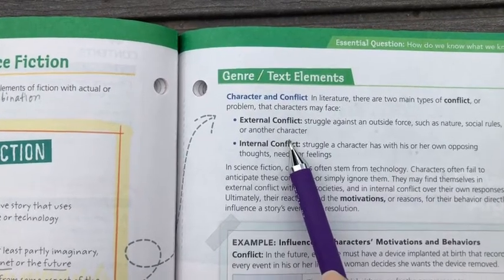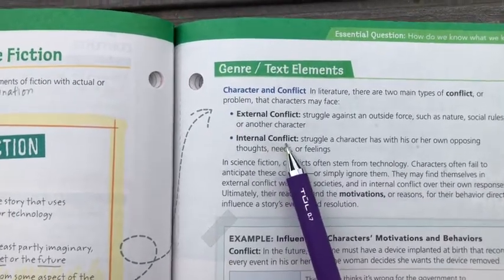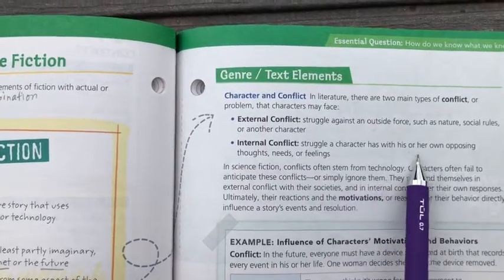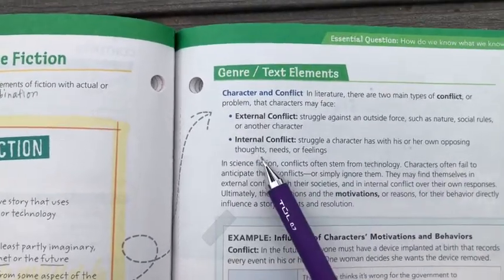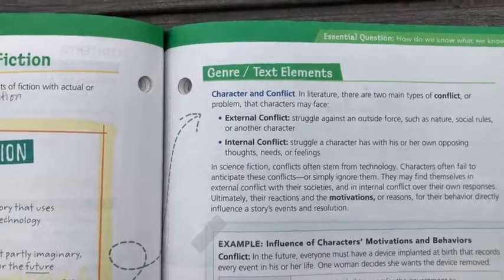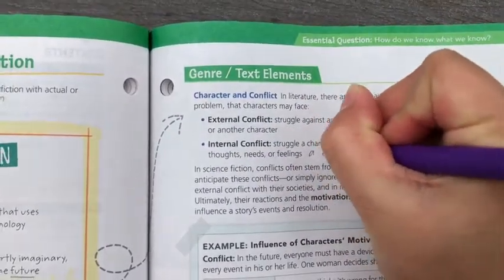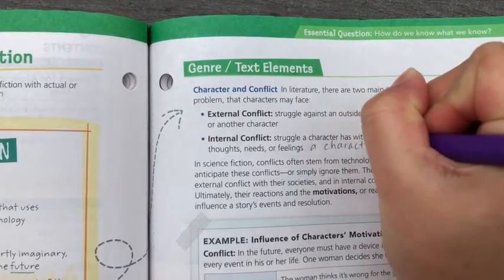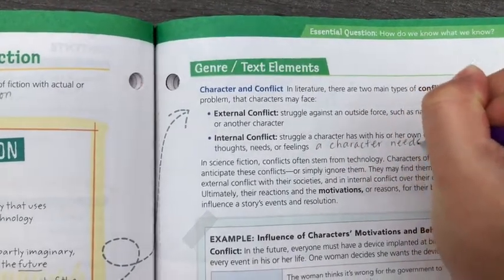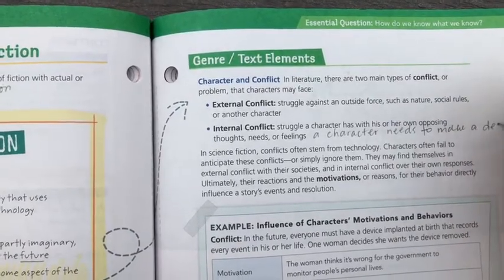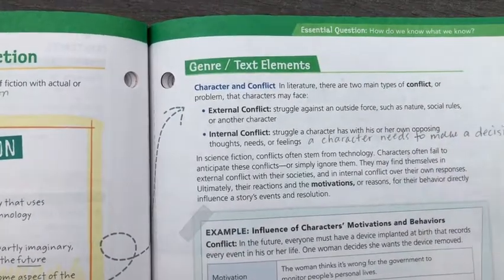external conflict. We also have internal conflicts in which a character struggles with his or her own opposing thoughts, needs, or feelings. So usually this is happening when a character needs to make a decision about something and they're not sure what they should do.